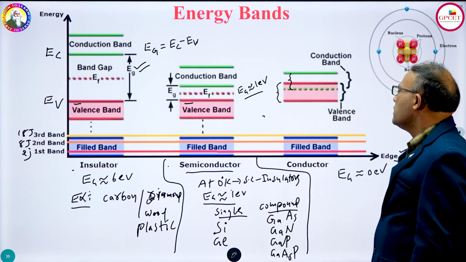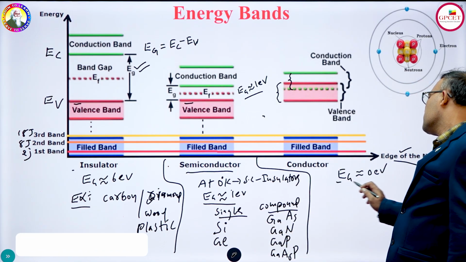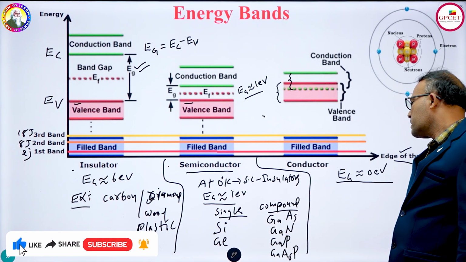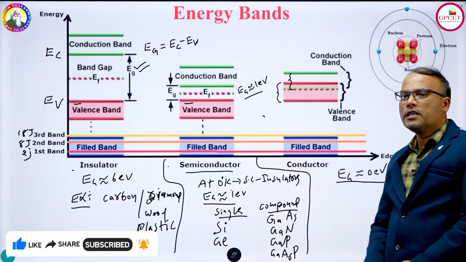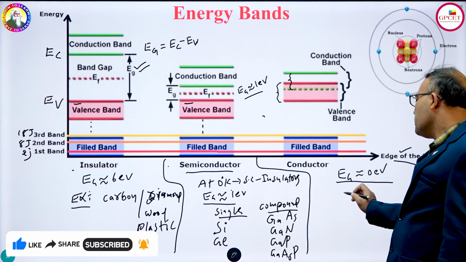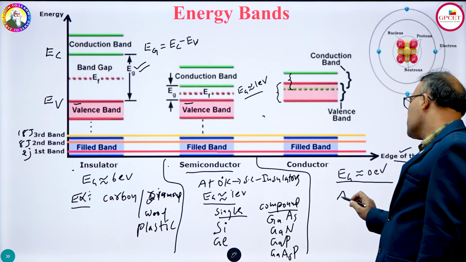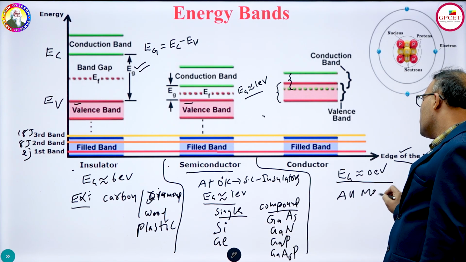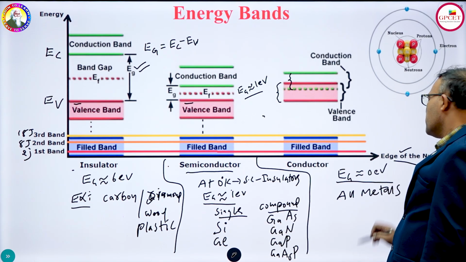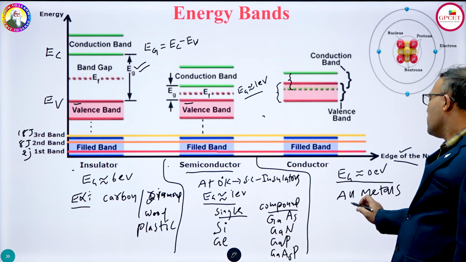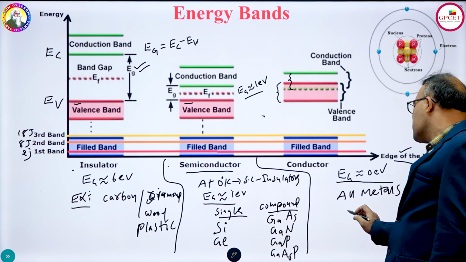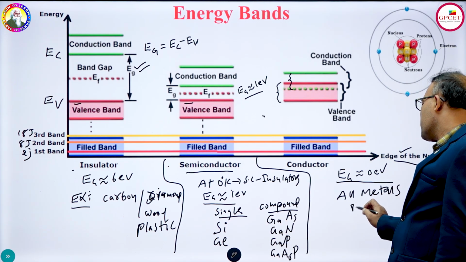So all conductors possess an energy gap of 0 electron volts. No external energy is required. For example, all metals are called conductors. A natural example is iron.